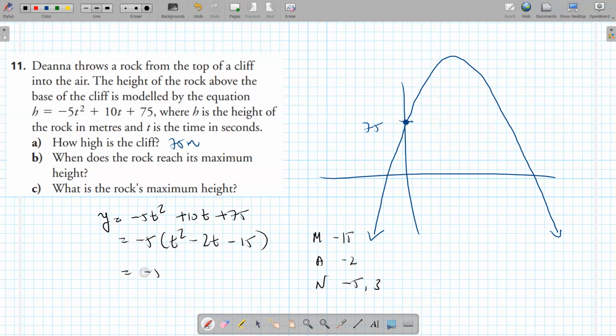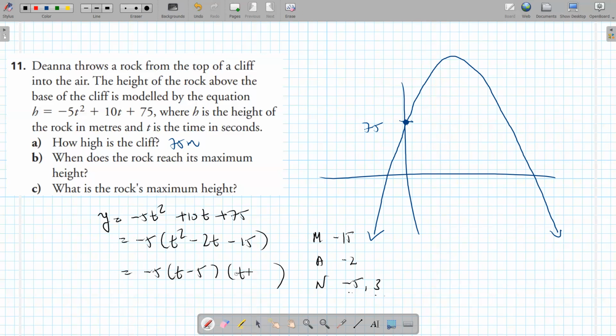So the a value is 1, no multiple variable shenanigans, so what does it factor to then? Your two numbers are minus 5 and 3, right?